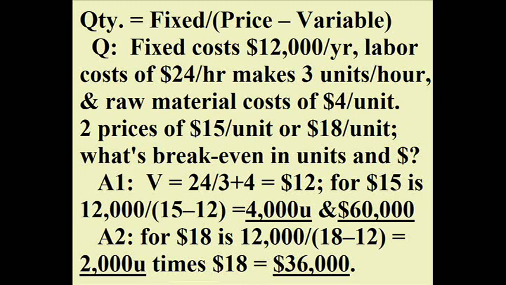On the other hand, for an $18 price, we're going to divide the 12 grand fixed by 18 minus the 12 is 6. We get 2,000 units, but times $18 a unit, we would have a break-even revenue of $36,000. This is just a feasibility study. You got to check with the marketers to see if this thing's going to really fly.